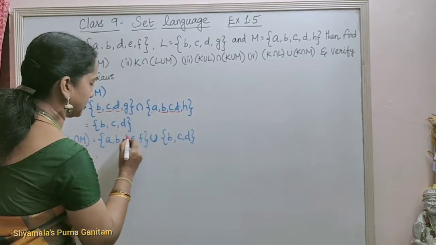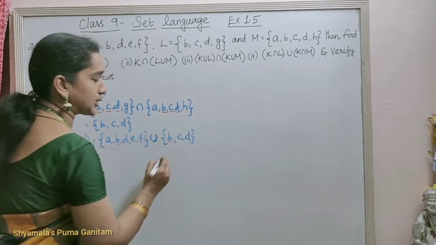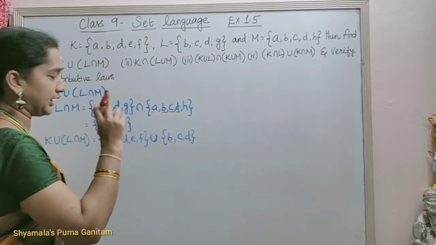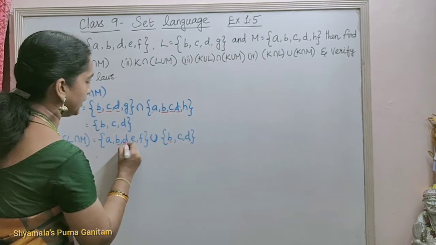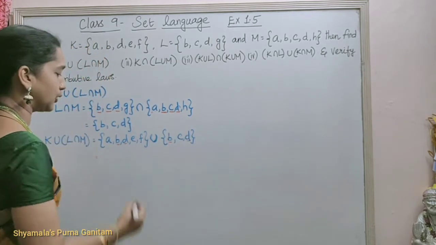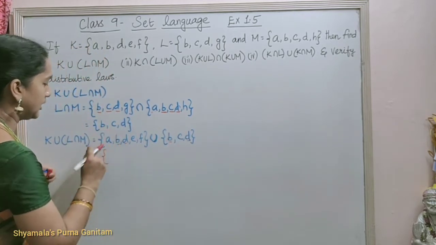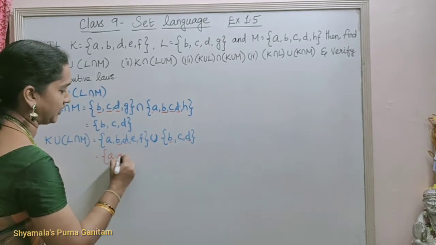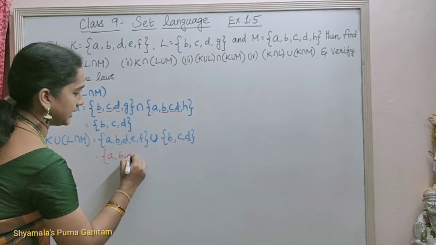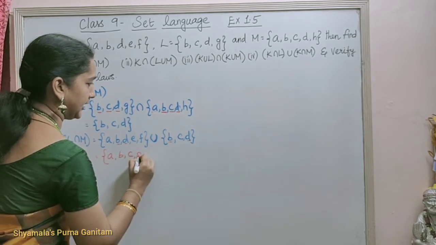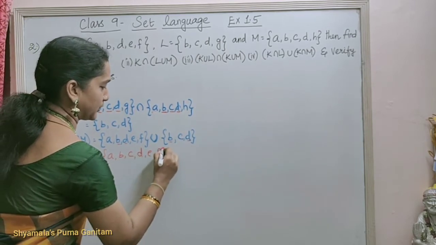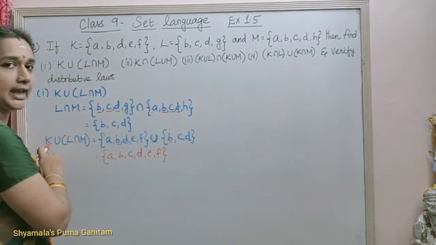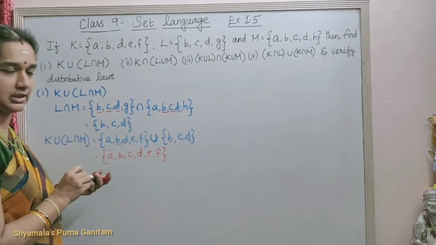Even for this, we have to find the common elements so that we write the common elements only one time. B and D are common to both the sets. So when we combine both the sets, we get A, B, C, D, E, F. These are the elements of K union L intersection M.